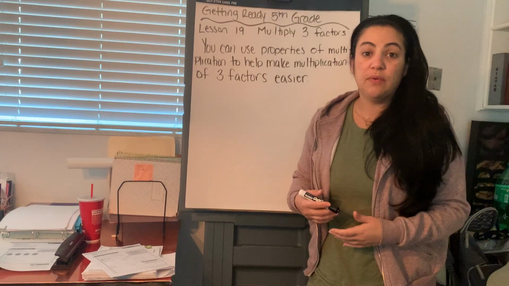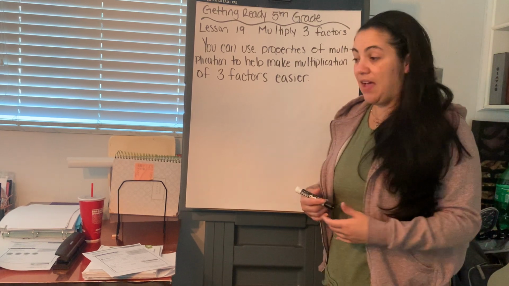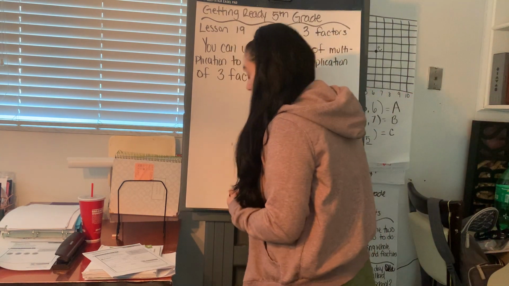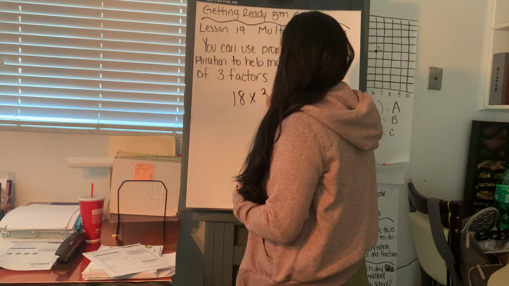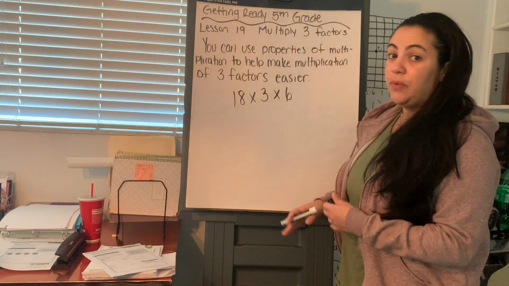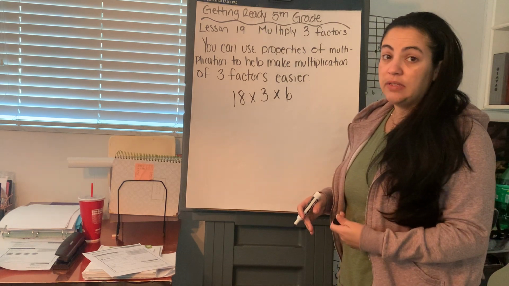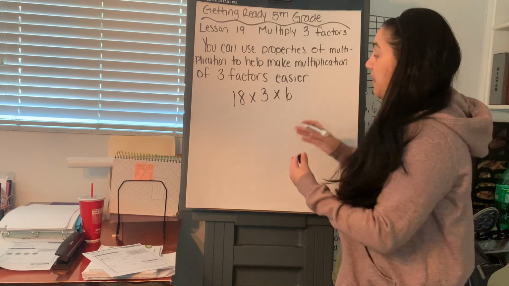When you're working with multiplication, please make sure that you're looking at it and using your basic facts. So when you have a problem, for example, like 18 times 3 times 6, right here we don't have any groupings, but you can group numbers to help you multiply easily when you have 3 sets.